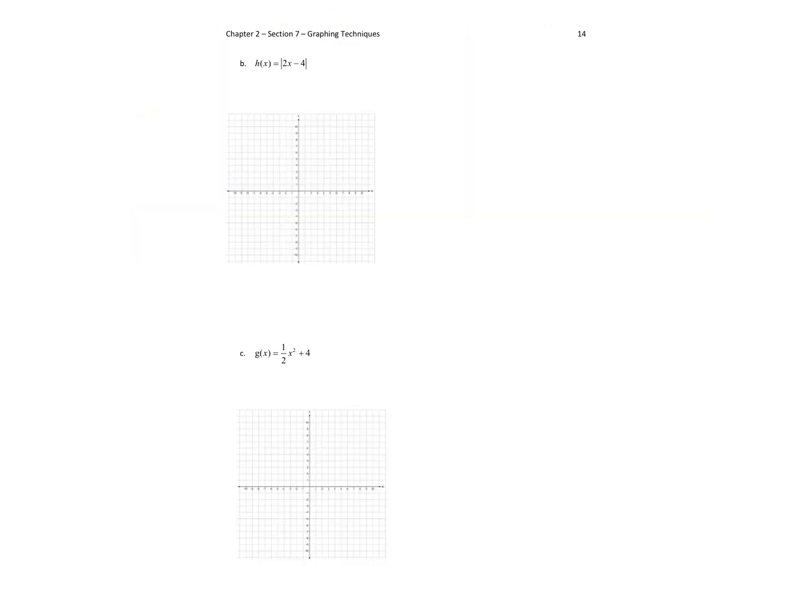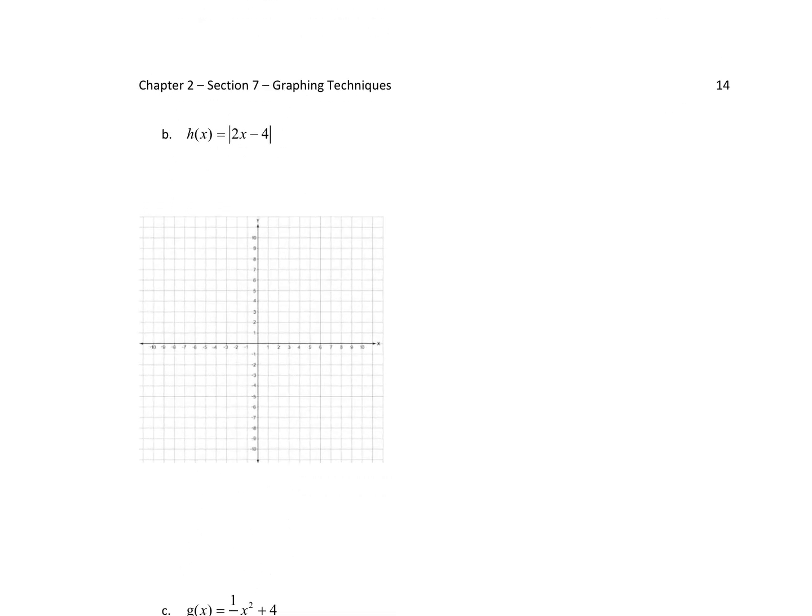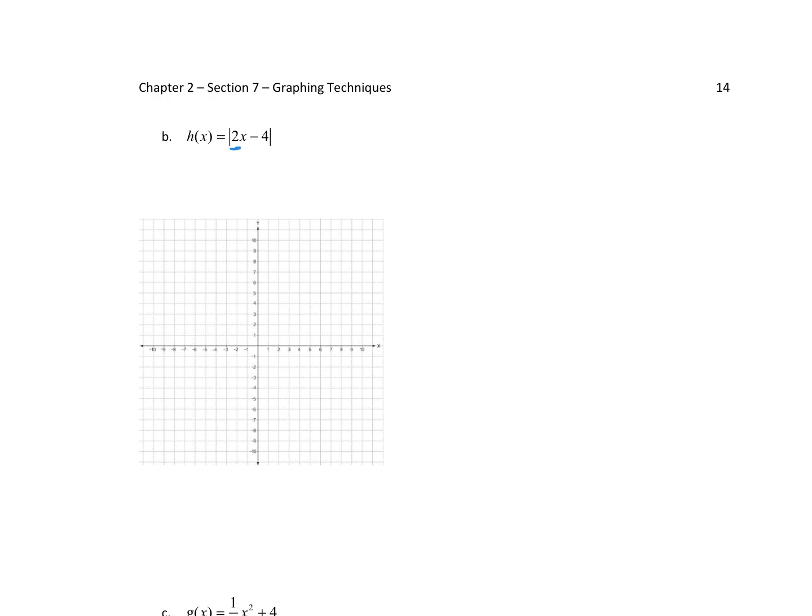Okay, so in this case, guys, part B, this one's got a little bit of a trick to it. You can see that there are two things happening inside the absolute value lines, and those are both horizontal changes. However, it's very important that we factor this 2 out from here, because otherwise you are not seeing the correct picture.